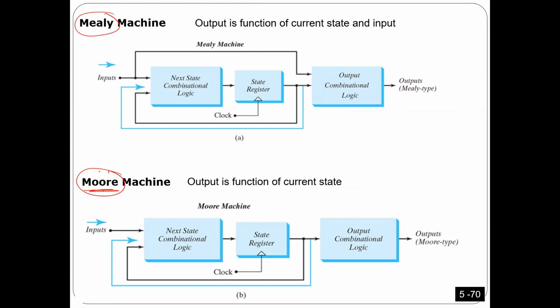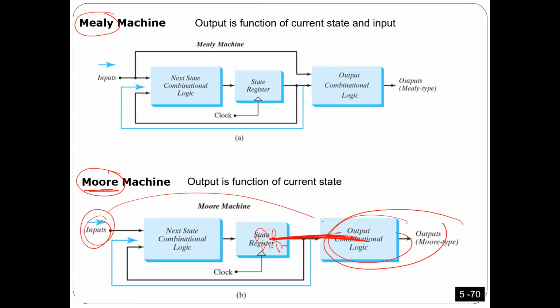Okay, there is a small difference between them. Look at the difference here. The difference is how you are gonna get the output. If I get the output directly from the flip-flops, so this is the flip-flops. If I get the output only from the flip-flops, not from the input, so the input is not involved at all here, that's what we call a Moore machine, right? I'm gonna talk about registers.